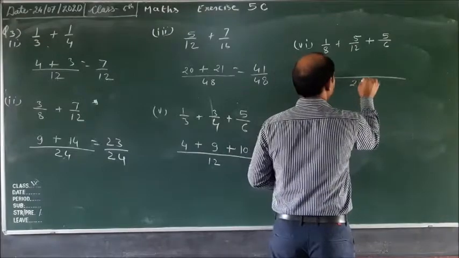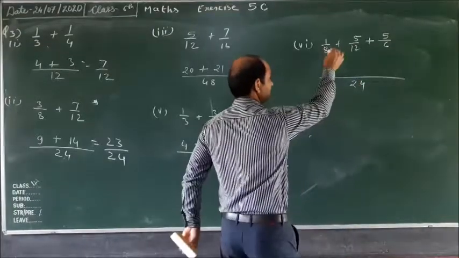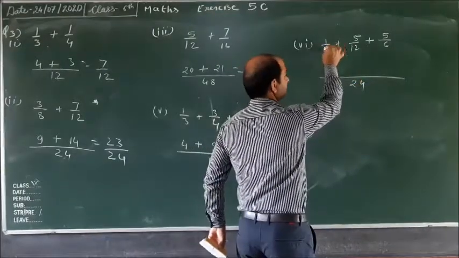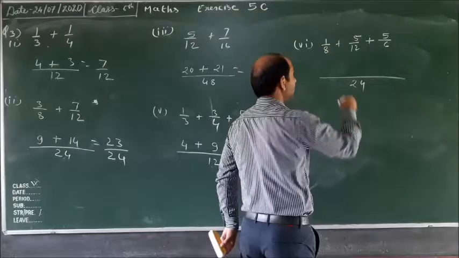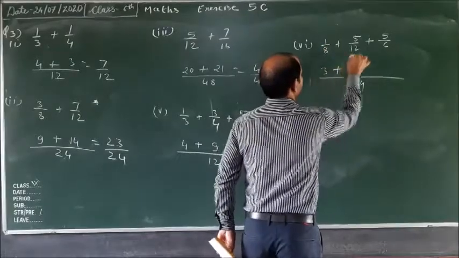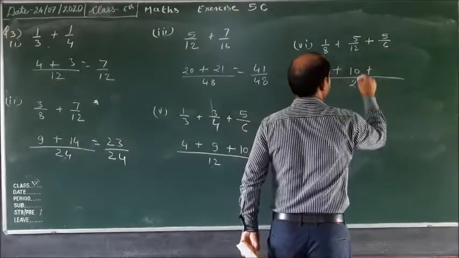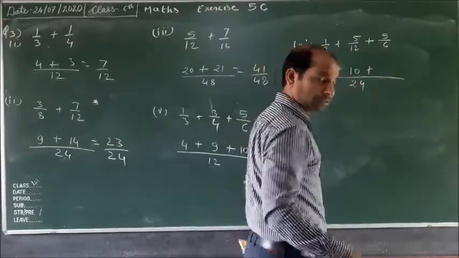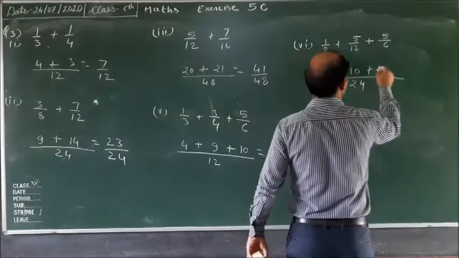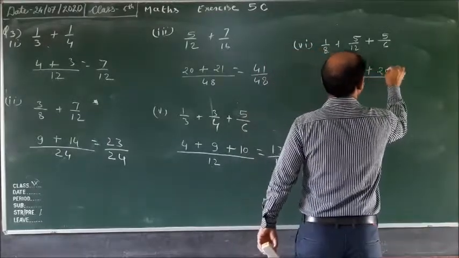Now the LCM is 24. Now 24 divided by 8 equals 3. 8 times 3 is 24, and 3 times 1 is 3. 12 times 2 is 24, and 2 times 5 is 10. 6 times 4 is 24, and 4 times 5 is 20.